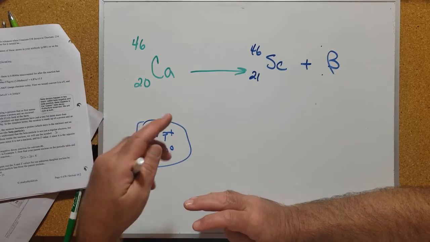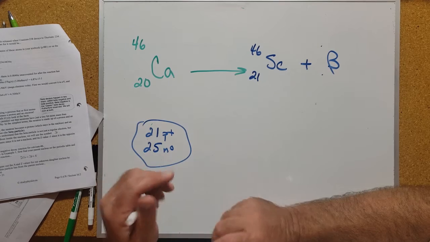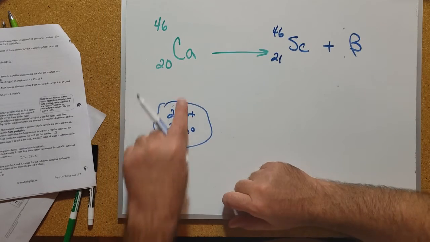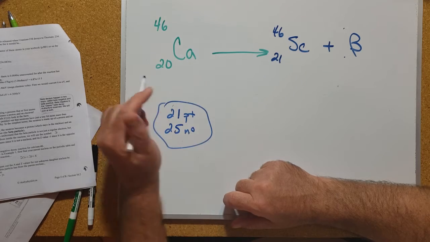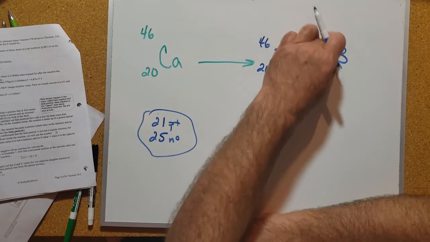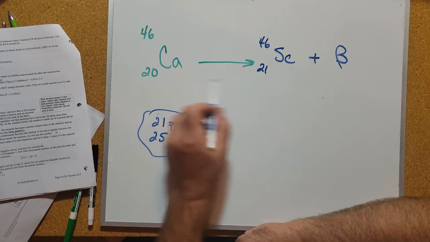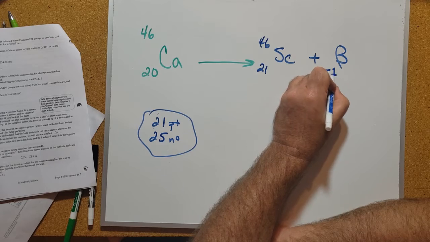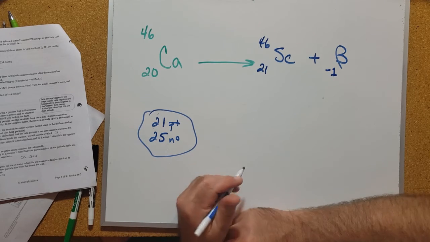It has some relationship to the charge of the particle we're talking about. This original calcium nucleus had a charge of plus 20. So if we think about this bottom number as having to do with charge, we could simply say that the beta particle has a -1 charge because it's an electron.